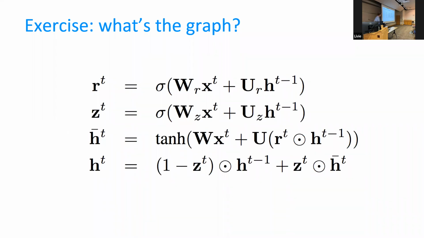One other comment on this, we have these superscripts t and t minus 1. We can assume the existence of t equals 0, so we can assume the existence of the first nodes in the graph, and we will just predict the first R1, Z1, H bar 1, and H1.